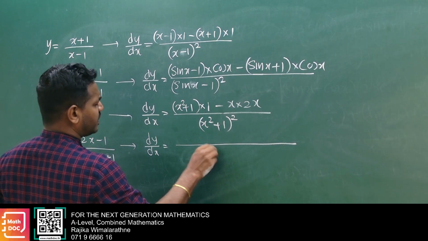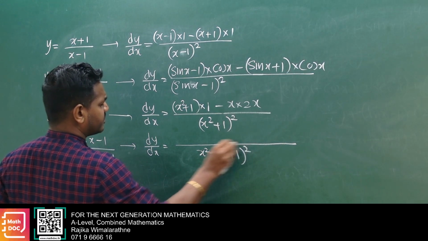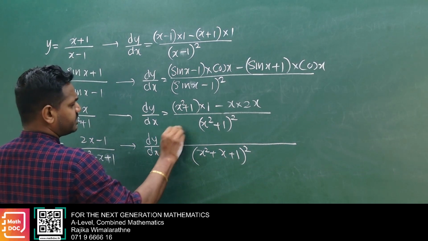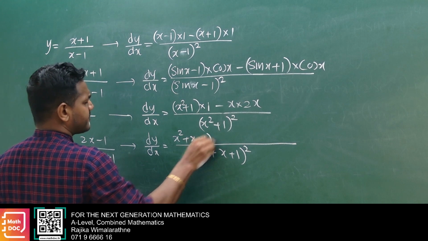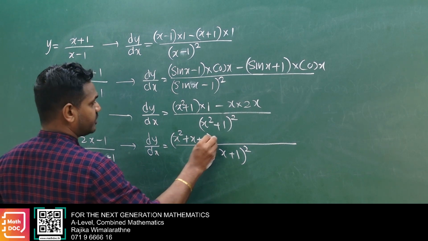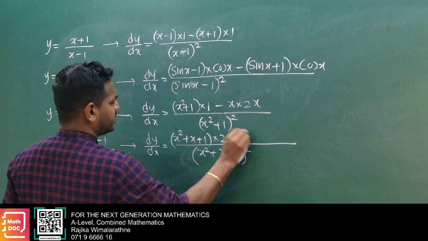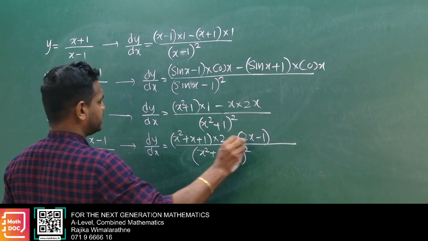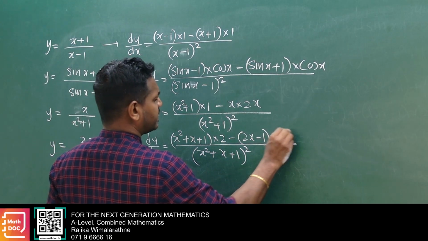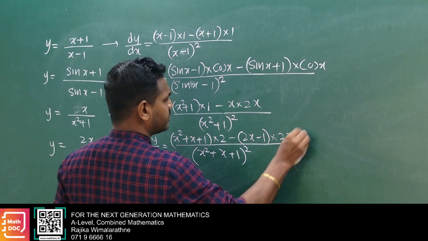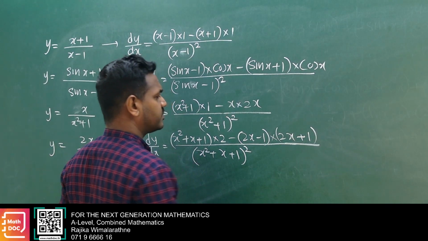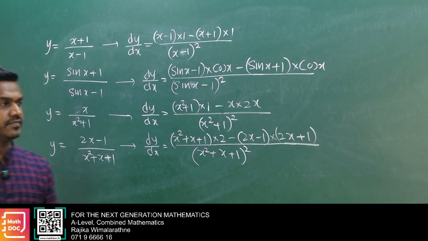Then denominator square, denominator times derivative of numerator, minus numerator times derivative of denominator.